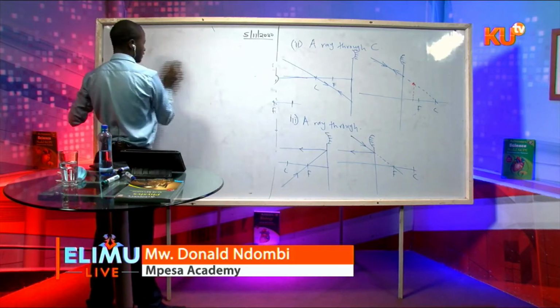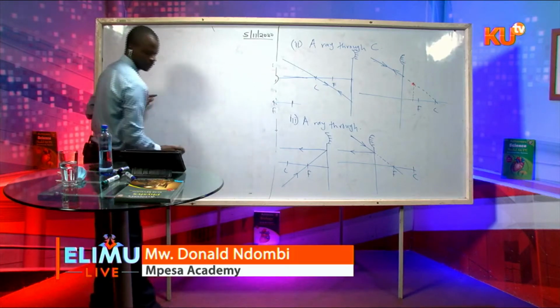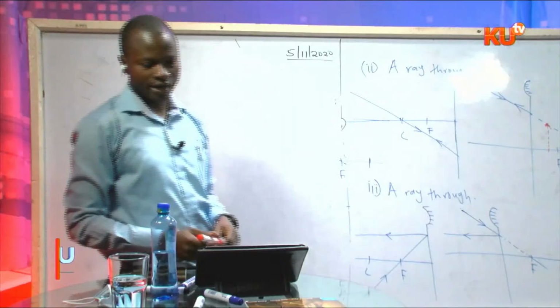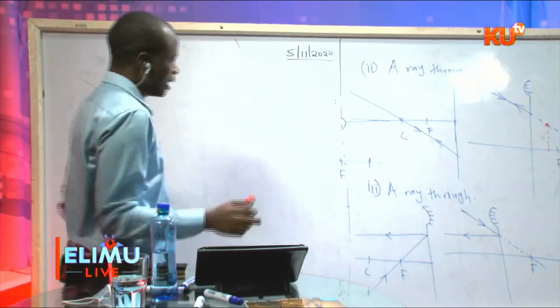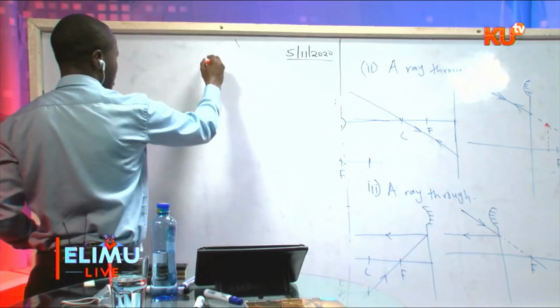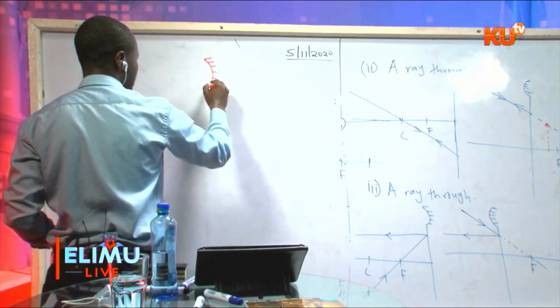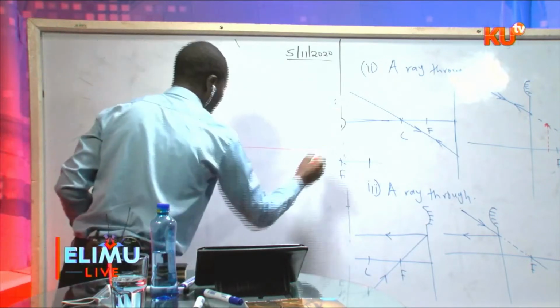So let me just show you one example of if you are given an object position, then you are told to draw a ray diagram. We shall see how that happens. So let's say this is a concave mirror, like that.